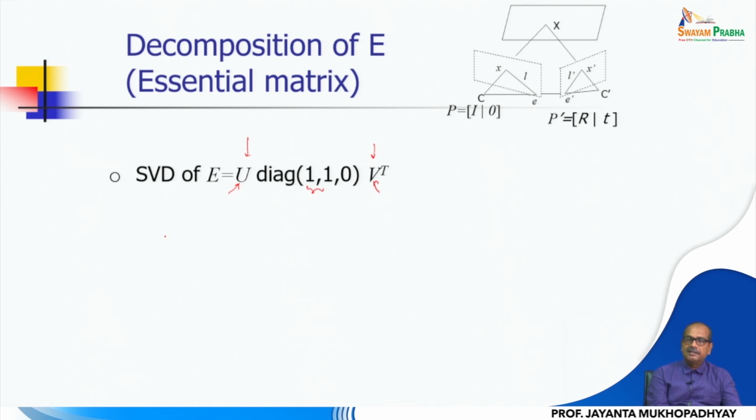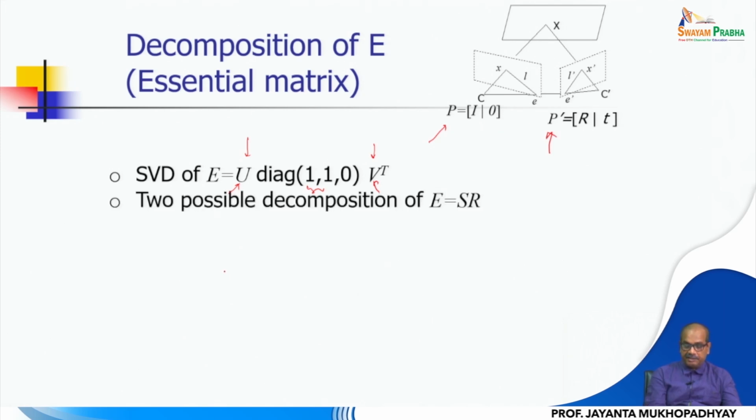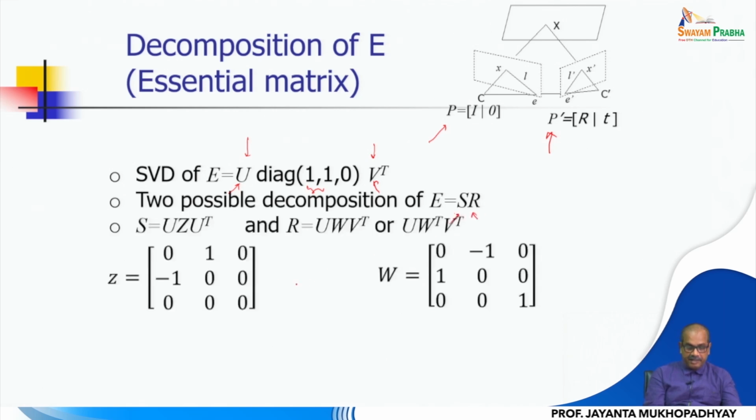We will see how these are used in defining P and P prime, which are of the same nature. There are two possible decompositions, as I mentioned, S and R, where S could be given as U Z U transpose. It can be shown mathematically why this is so. This gives you a skew symmetric matrix, and R could be U W V transpose or U W transpose V transpose.